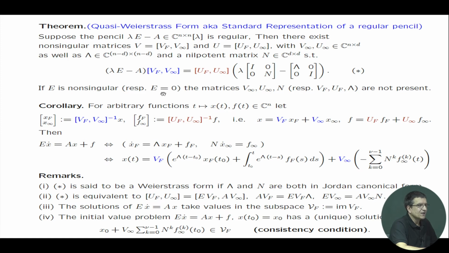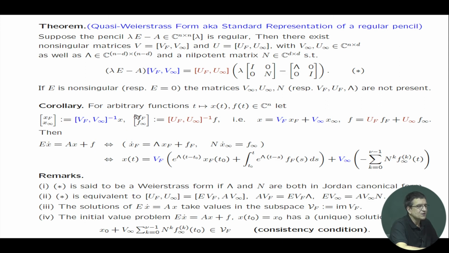Where's our differential algebraic equation? Yeah, here it is. So here it is, and now take the function x and apply this substitution, or replace x by something else, namely we multiply x with the inverse of the V matrix and split the result up in two parts.